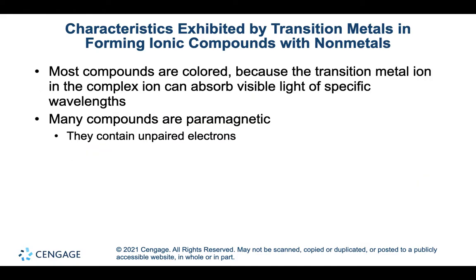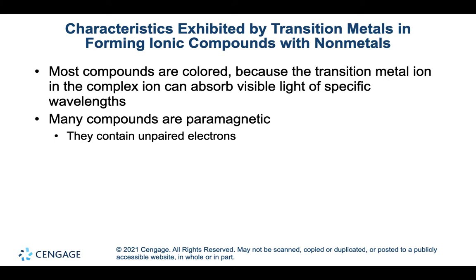Another characteristic of these transition metals, particularly when they're in water solution, or they can also be when they're in the solid ionic form, is they often have color. And we're going to learn a little bit later kind of where that color comes from. And that's because the transition metal ion in the complex ion is going to absorb visible wavelengths of light.